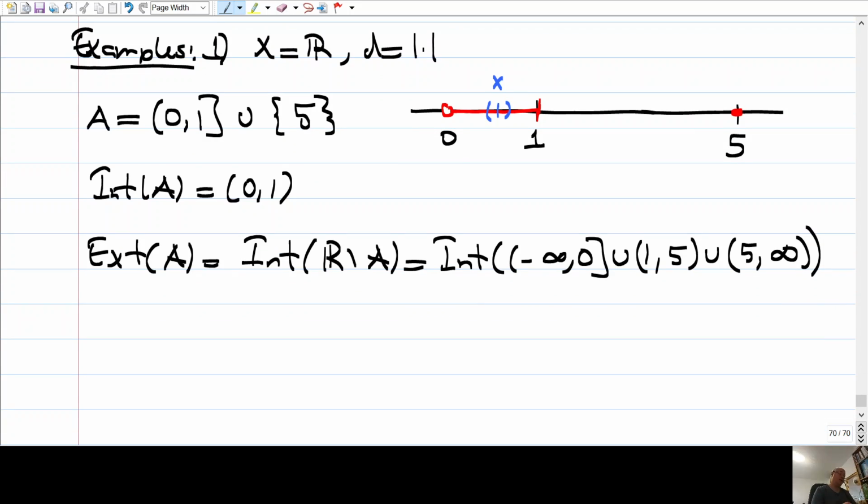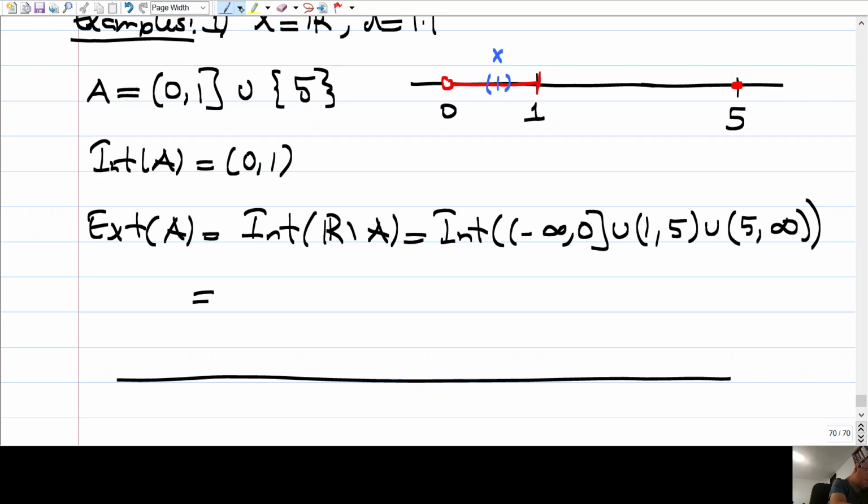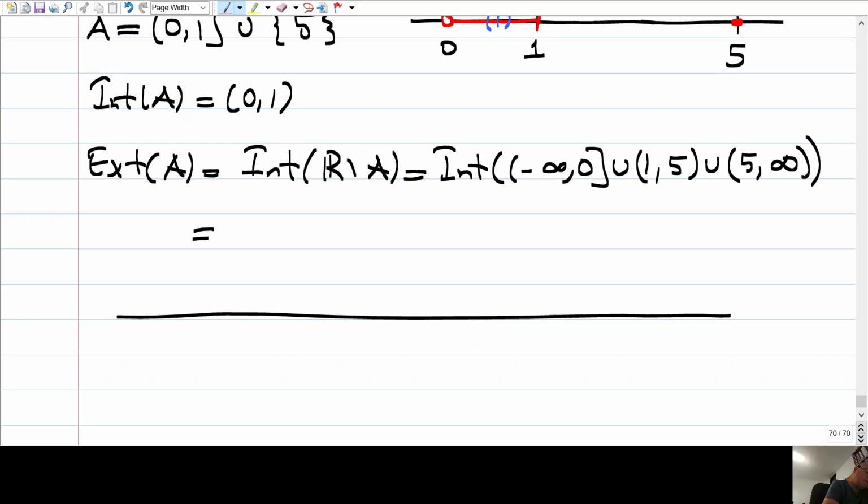All right, the interior of this gadget. Well, this is already open, right? So, okay, let's see. So, minus infinity to 0.